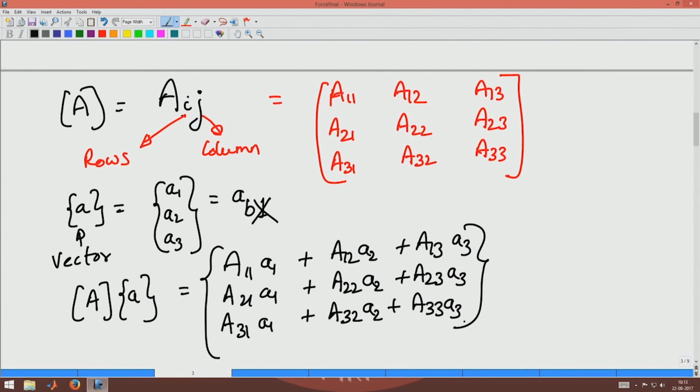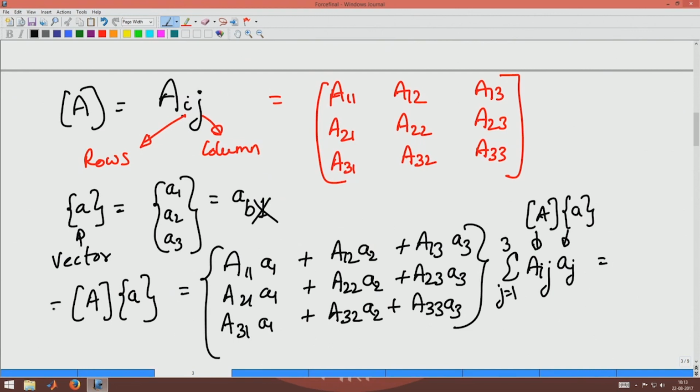This equation I want to write in short form by writing this A matrix as Aij and this vector A as Aj, and I am going to indicate that I have to sum this j from 1 to 3.